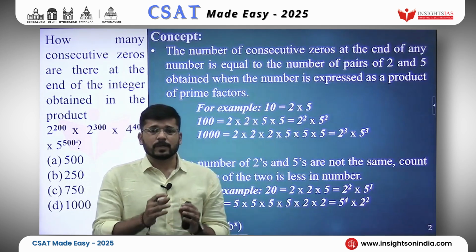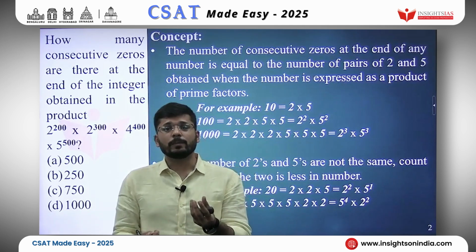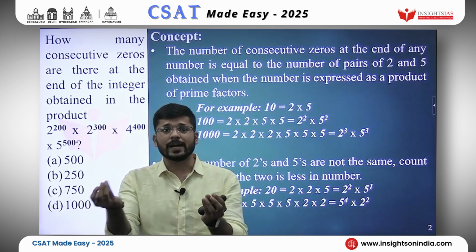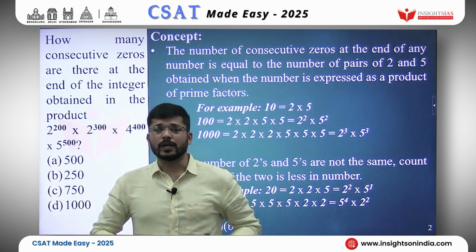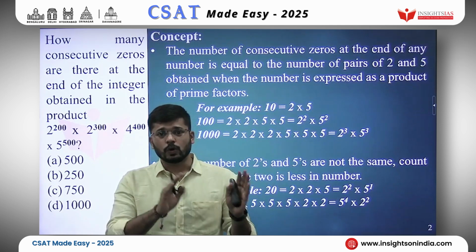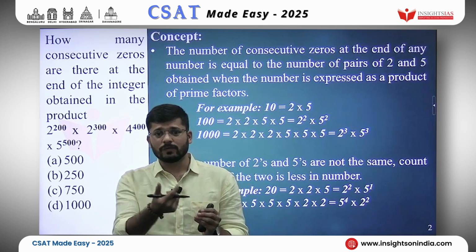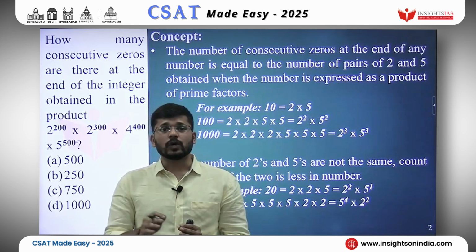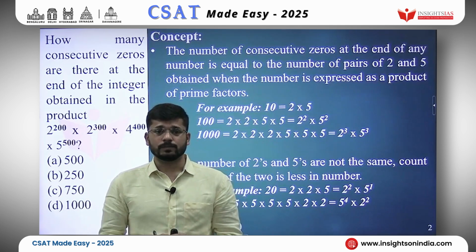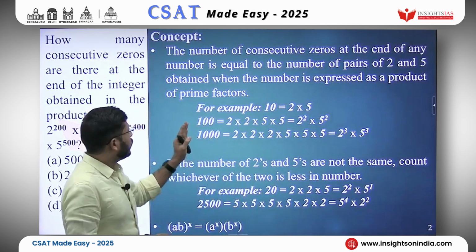It means that when a number is expressed as a product of prime numbers, however many pairs of 2 and 5 you get, that many zeros will be there at the end of that number, because 2 into 5 make up 10, that is, a pair of 2 and 5 will contribute one 0 to the number. However, there are no other prime factors that will contribute 0. And I have also given you an example.